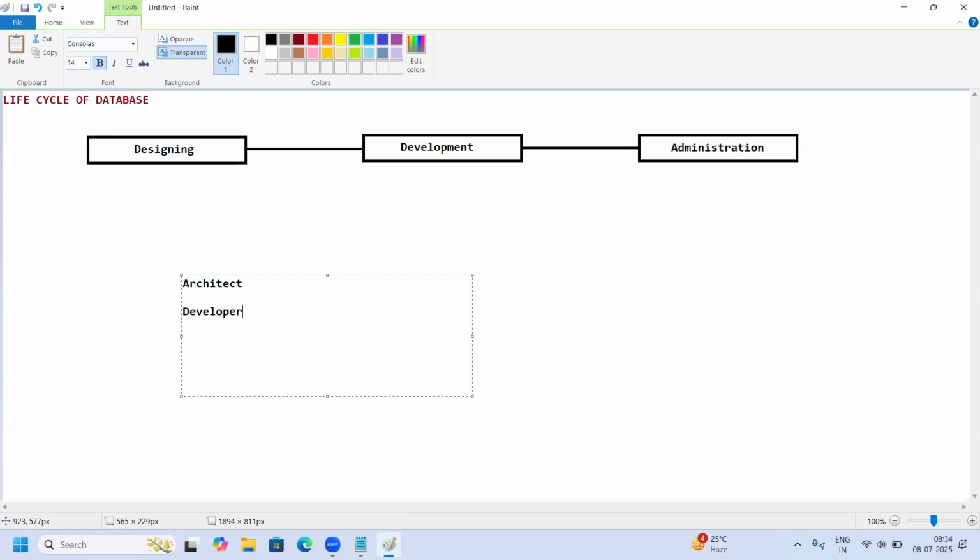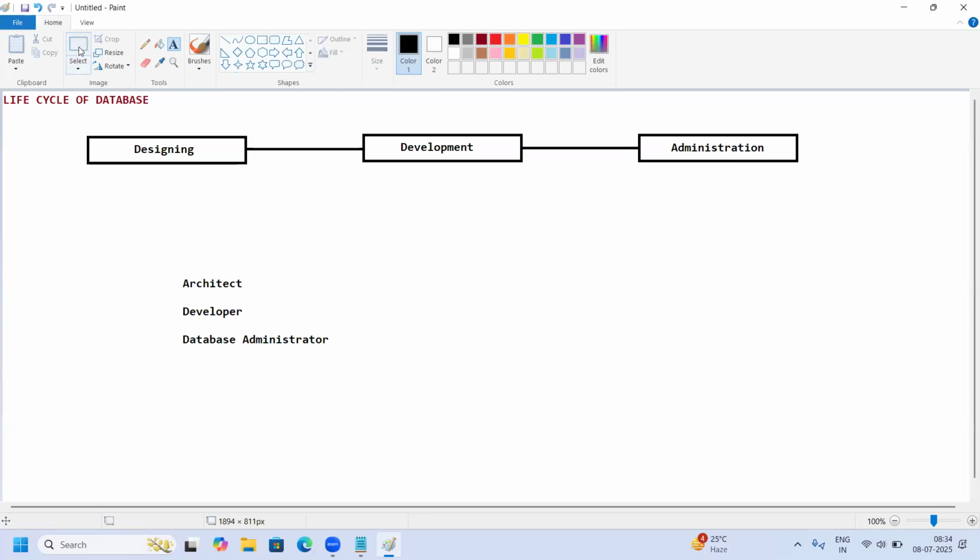Development will be managed by developer. Administration, database administrator.